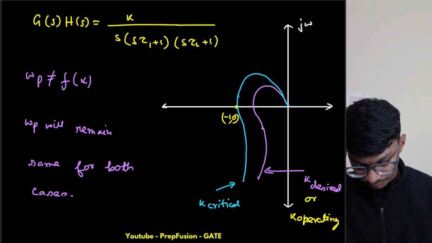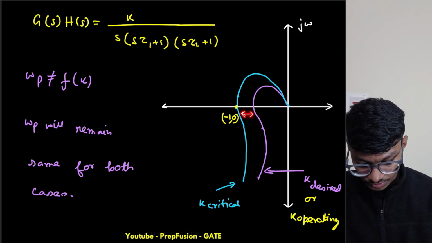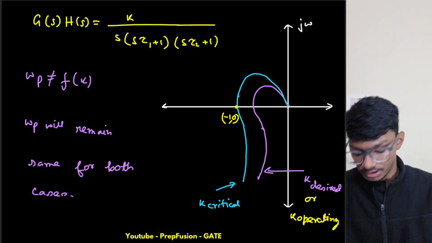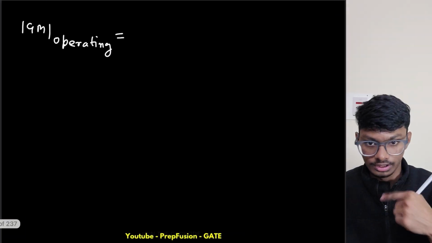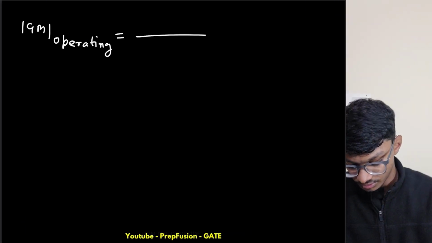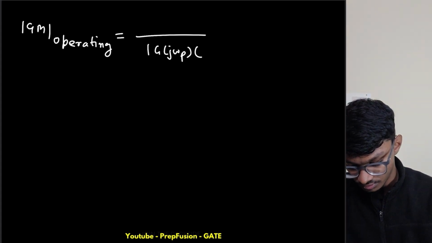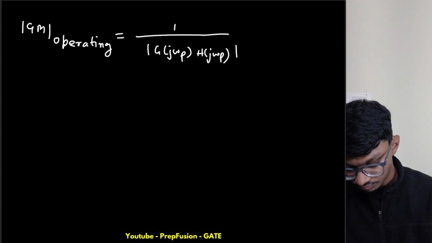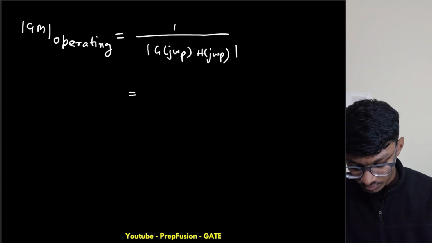We still have this much distance at k desired. So GM operating will be the inverse of the magnitude of G(j omega p) H(j omega p), that is, 1 divided by it.